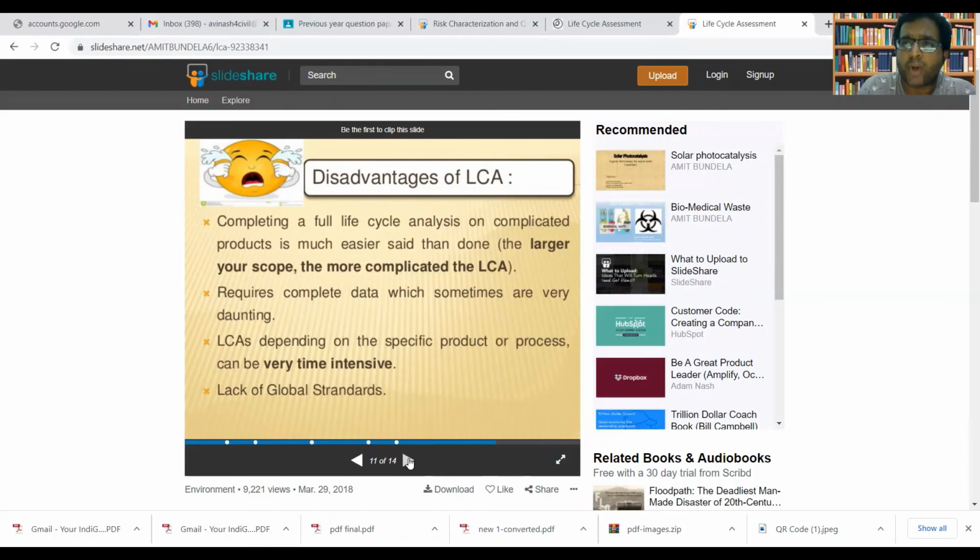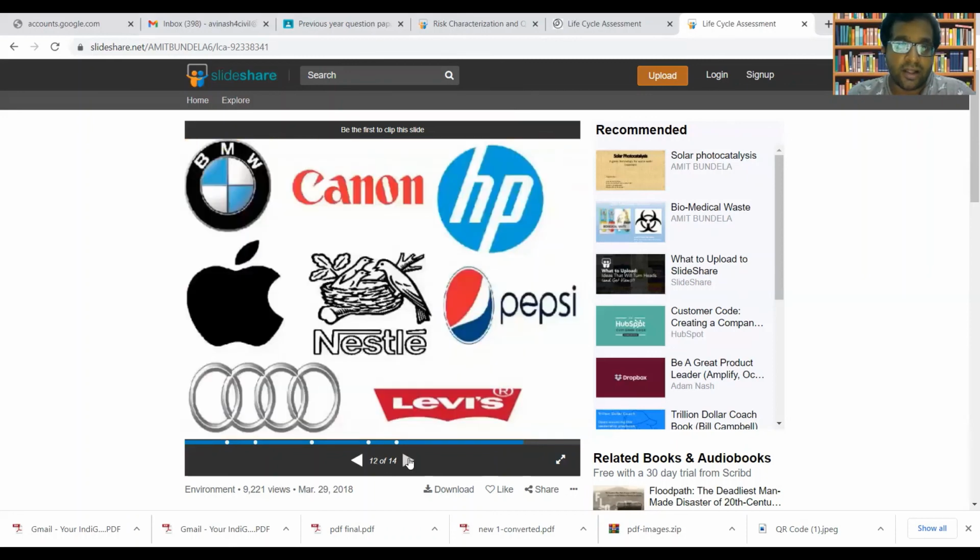Sometimes there may be problems with data associated with the different stages. You need all the required data, but data availability is a constraint. Life cycle analysis also depends on the specific product or process, and it is highly time sensitive. And there are no global standards fixed for life cycle analysis. These are the disadvantages.